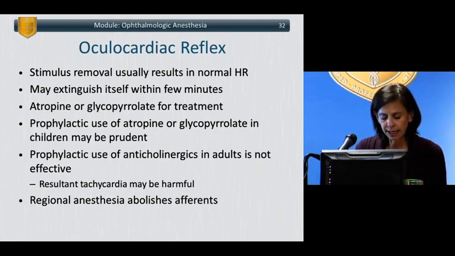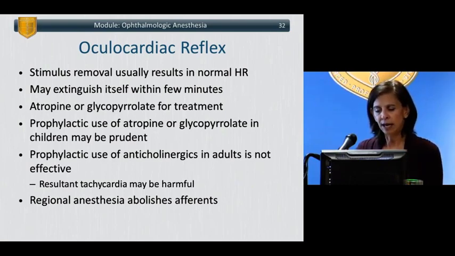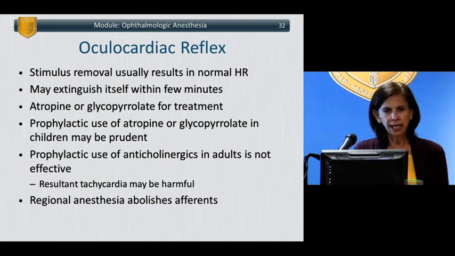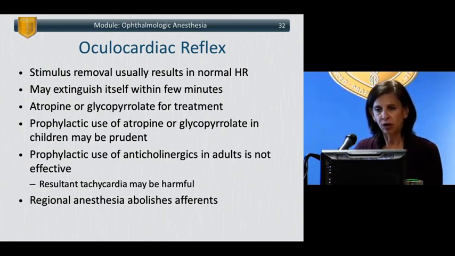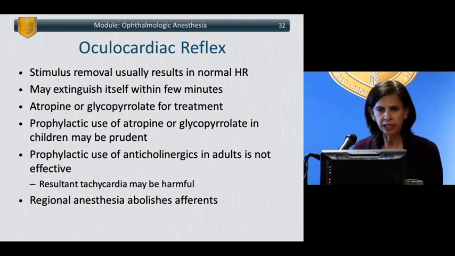And it does extinguish itself. So if there's a stimulus and the patient gets bradycardia, then if you stop and it goes away and then you do the stimulus again, likely it won't even occur the second time. But if it does occur the second time, it's usually shorter lived, it's less severe. So most people often recommend not treating because just removing the stimulus takes it away.